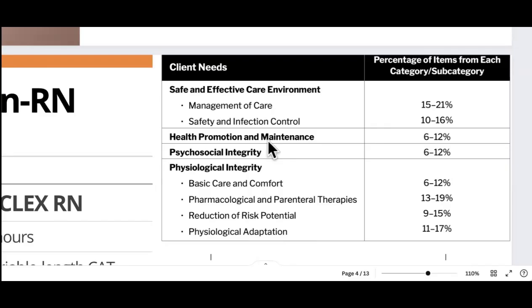All right. So management of care, look at how it's one of the largest percentages, right? You could get anywhere from 15% to 21%, pretty much the largest category.